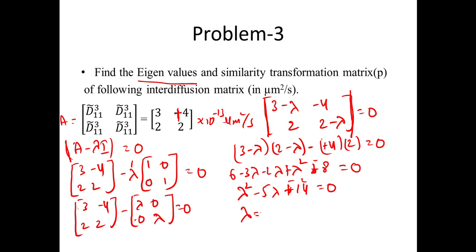So here it is positive and here it is negative value, and finally we will get minus 2 here. Let's write one more time. So here it will be a negative value and here it will be a minus 2.